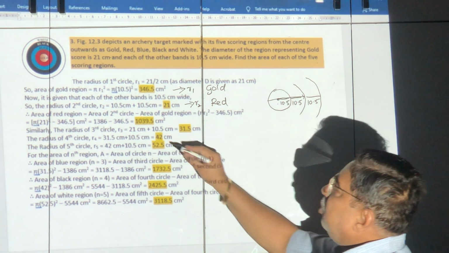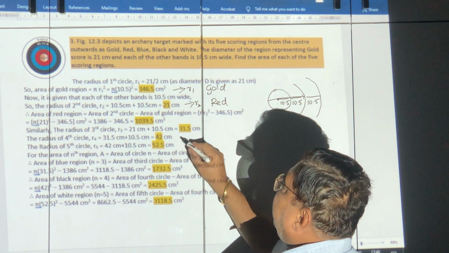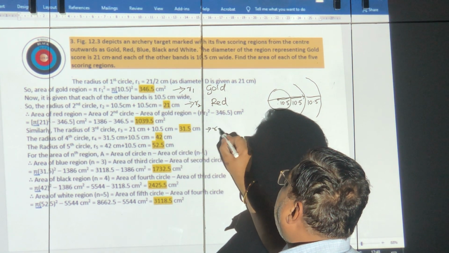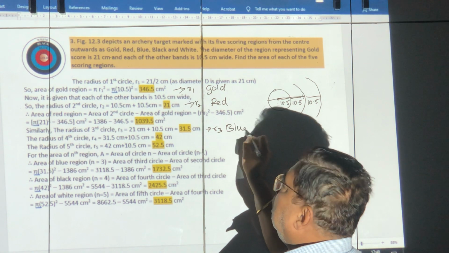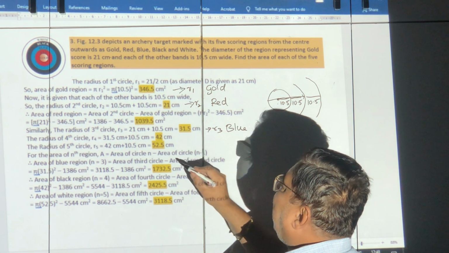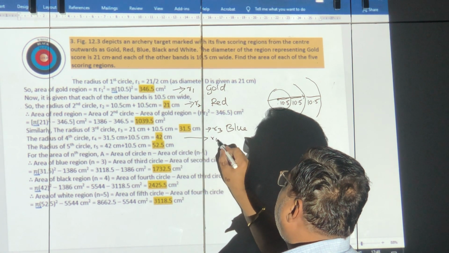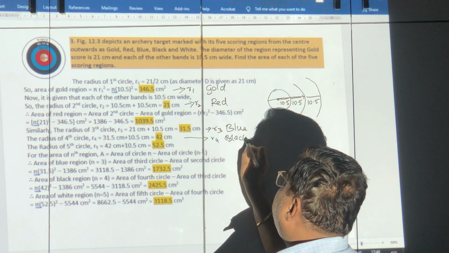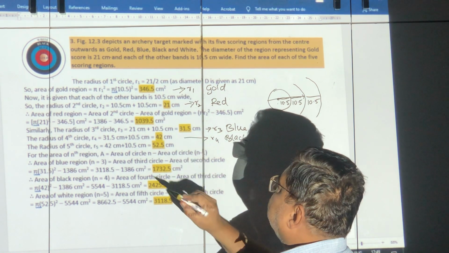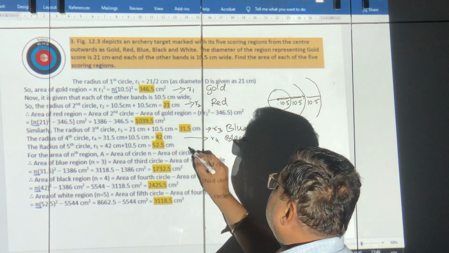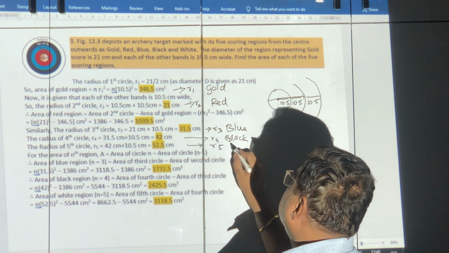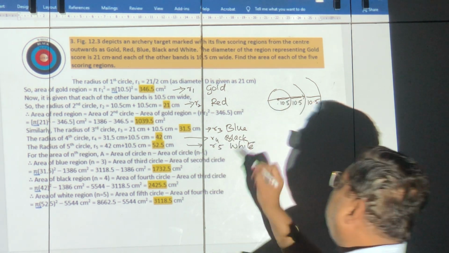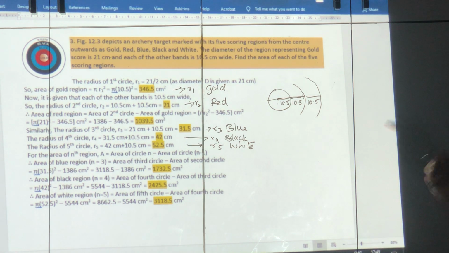Then the radius of the third circle, which is blue, R3. And the radius of the fourth circle is black, R4. Go on adding 10.5. And the radius of the last one, white, this is how we add 10.5, 10.5, 10.5, 10.5, and go for all the 5 circles.